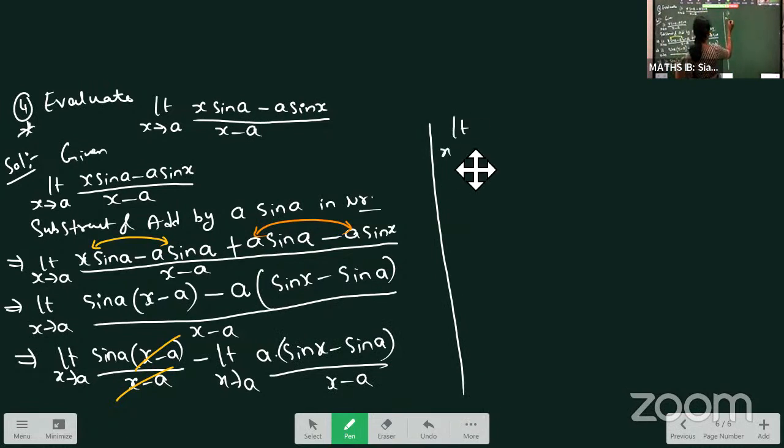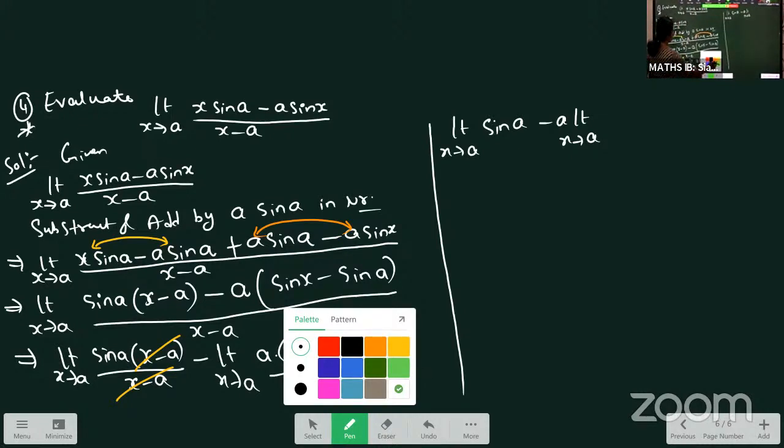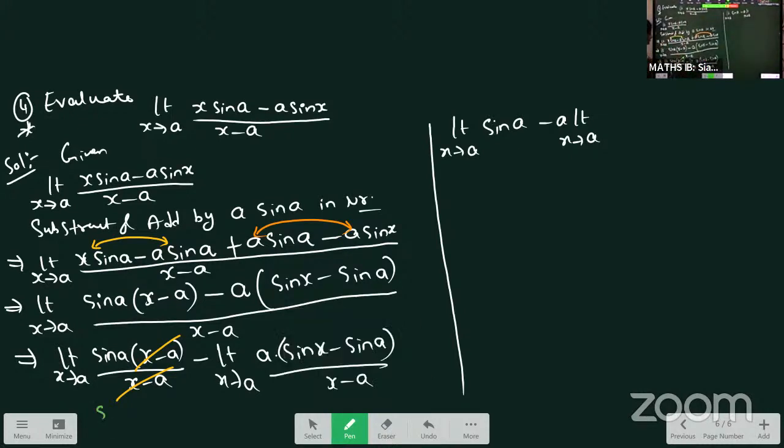So remaining is limit x tends to a, sin a will be left out. From the second term, take constant a outside. Limit x tends to a. It is in the form of sin c minus sin d. So apply the sin c minus sin d formula. What is that formula? Sin c minus sin d is 2 cos of c plus d by 2 into sin of c minus d by 2.